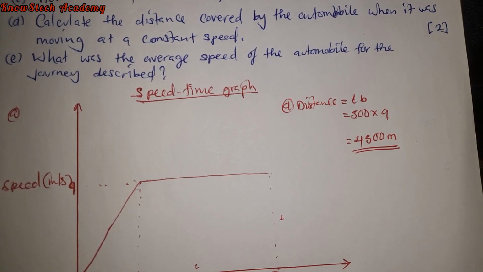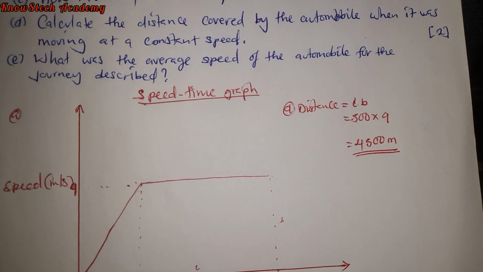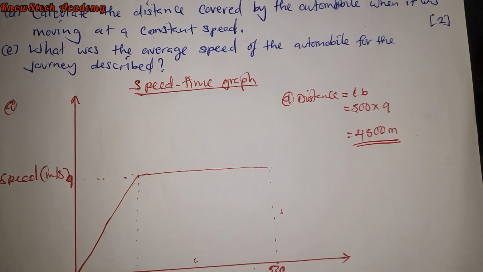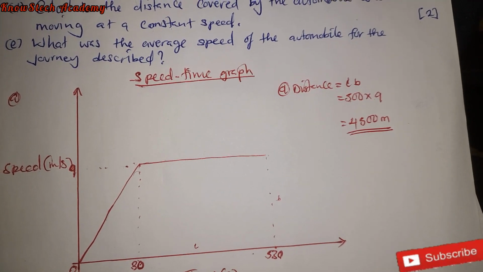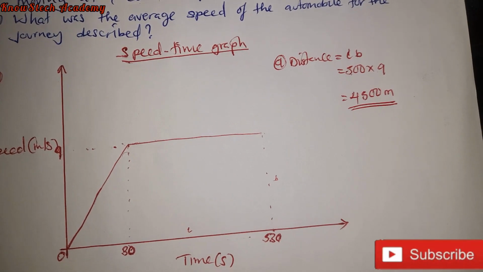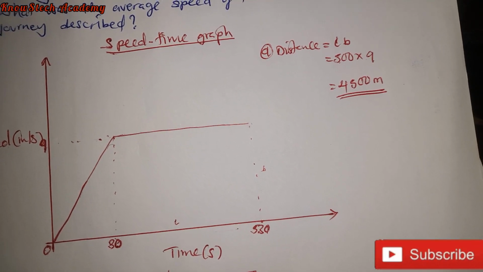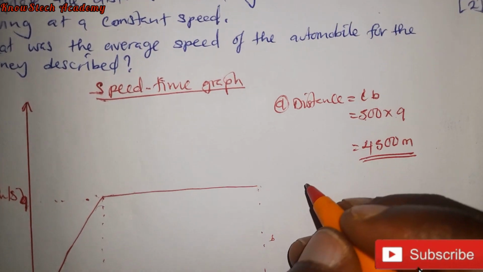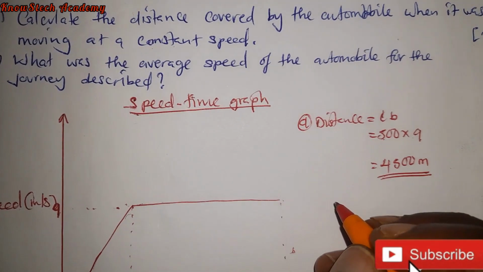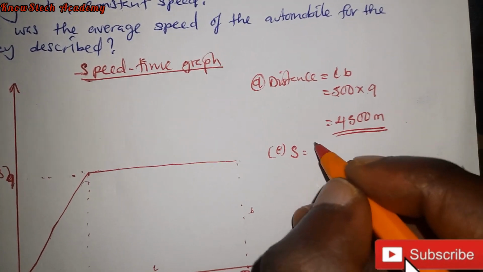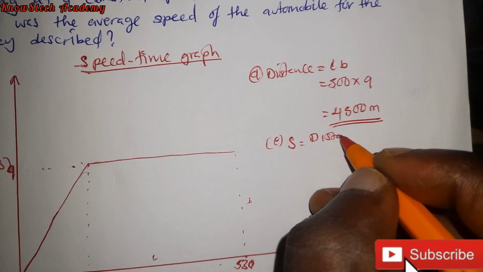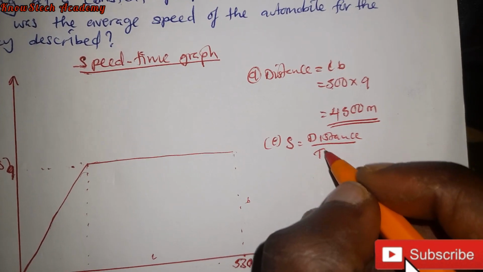Last question, question E. What was the average speed for the automobile for the journey? For the journey means the whole journey. Remember that average speed is equal to distance covered over total time taken.